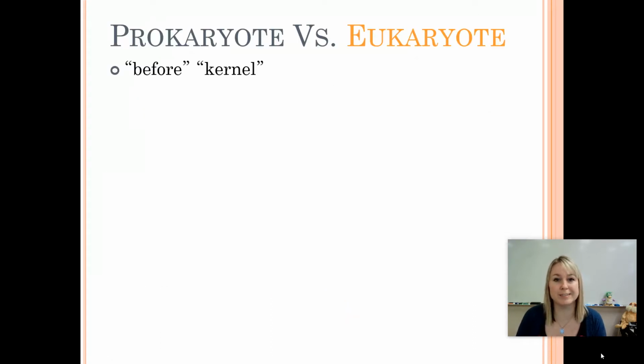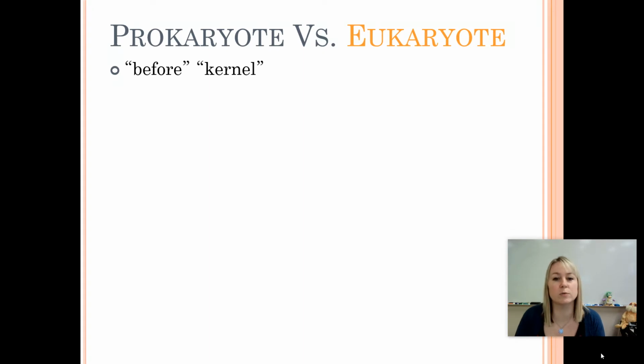So if you were to go back through and just know the difference, prokaryote, just name only, is before a kernel. Kary means kernel. Kind of a weird term, but if you think of like a kernel of corn, it's basically a small little round piece on a bigger piece. So this is before there were these little smaller membrane-bound internal pieces within cells.